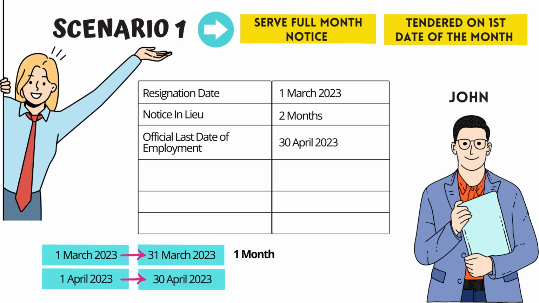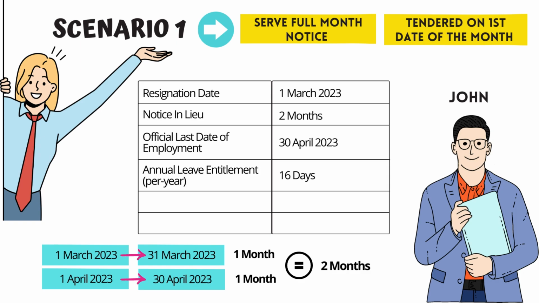April 1 to April 30 equals another 1 month. So, add up equals 2 months. John's annual leave entitlement for that particular year is 16 days, where he has taken 2 days of leave. We will deduct these 2 days later in our calculation. And John's basic salary is Ringgit Malaysia 3,000.